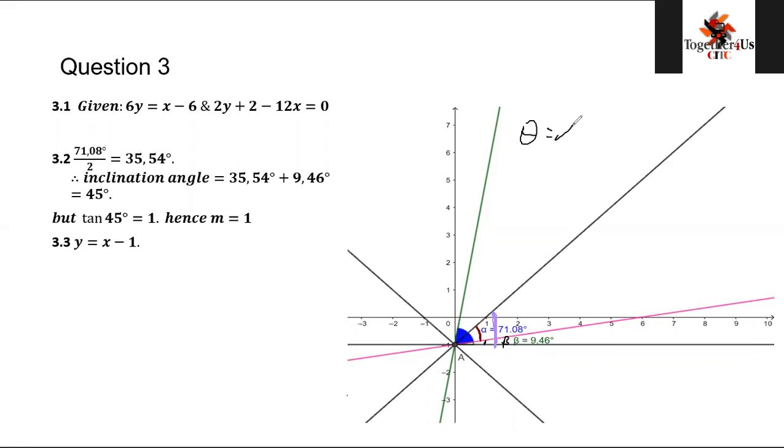So you can see alpha plus beta now is theta. That's the equation that I wanted. So we know this one already, but now we want this one. So what should I do to find this angle here? That is the big question that I wanted you guys to think about.